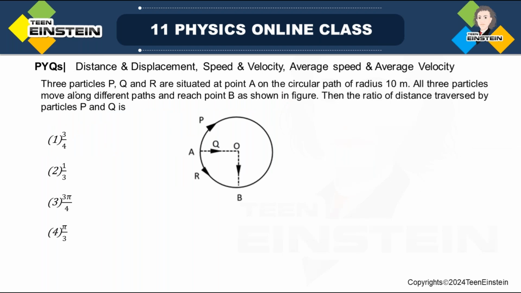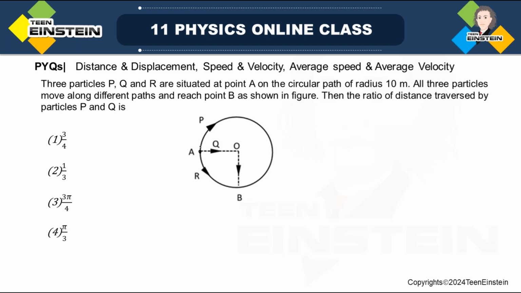What is this problem saying? Three particles P, Q, and R are situated at a point A on a circle of radius 10 meters. Three particles move along different paths.